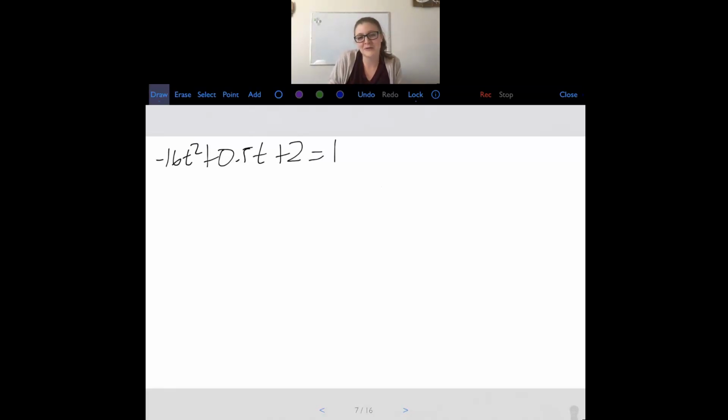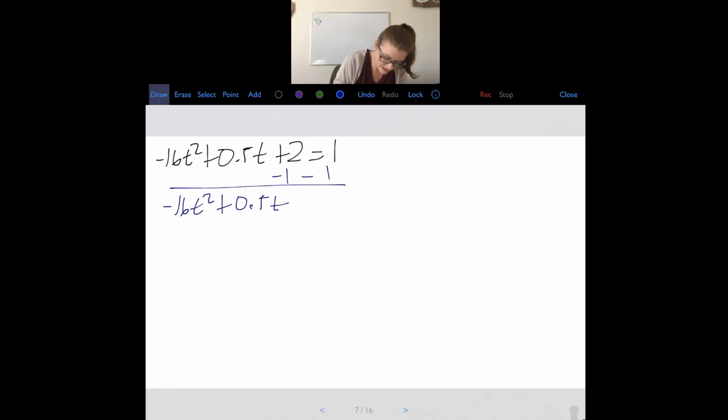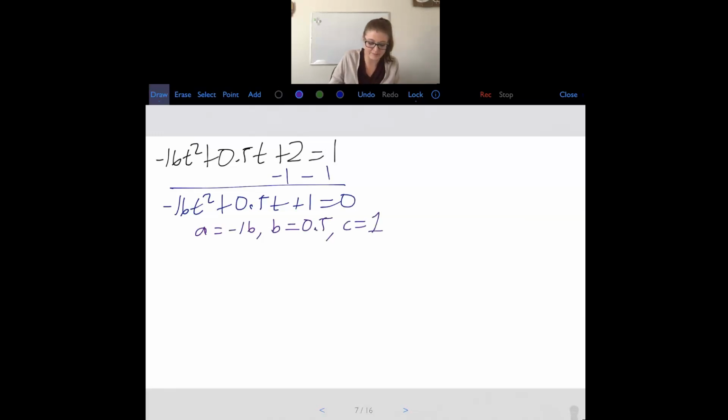Probably not the square root property. I'm going to move the 1 to the other side. So I have negative 16t squared plus 0.5t plus 1 is equal to 0. This is probably not going to factor, even by the x method or the AC method. So I'm going to jump right into the quadratic formula where a is equal to negative 16, b is equal to 0.5, and c is equal to 1.